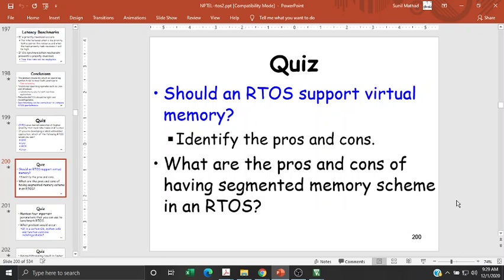Hence, RTOSs should be able to manage without virtual memory. If at all required, it should be as minimal as possible, so that predictability has higher priority compared to accessibility.